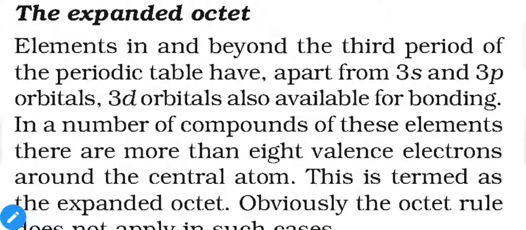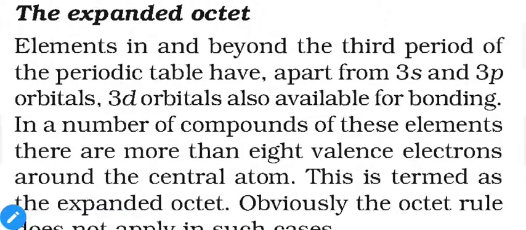In the initial situation, the maximum possible number of valence electrons was only 8, but after some element, one more orbital is added. It is 3d. So in the case of the 3d orbital, you will get a higher number of valence electrons, more than 8.